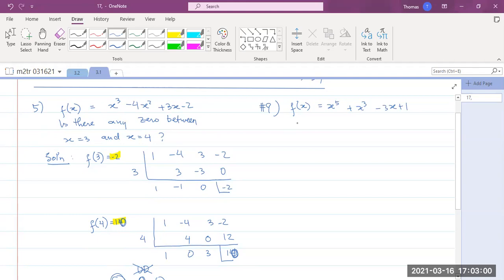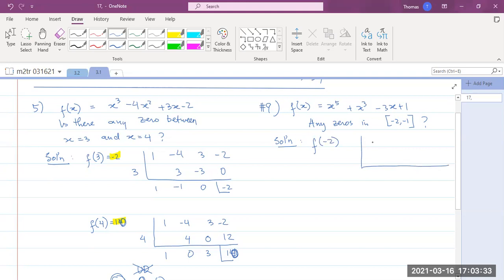Is there any zero in that interval -2 to -1? That's just another way to ask that. In this interval -2 to -1, is there any zero there? Is there any x-intercept between -2 and -1? So we compute what is f(-2) and what is f(-1).